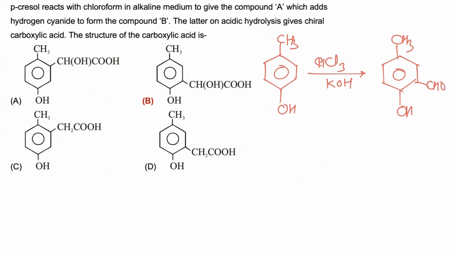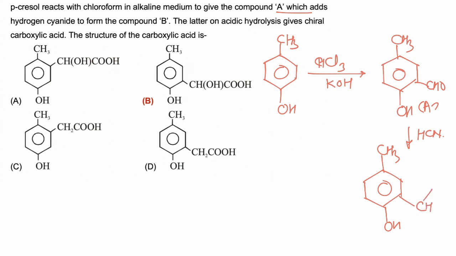Now this molecule has an aldehyde group, so this molecule is A, which adds hydrogen cyanide to form compound B. So this molecule on reacting with hydrogen cyanide is converted to cyanohydrin.